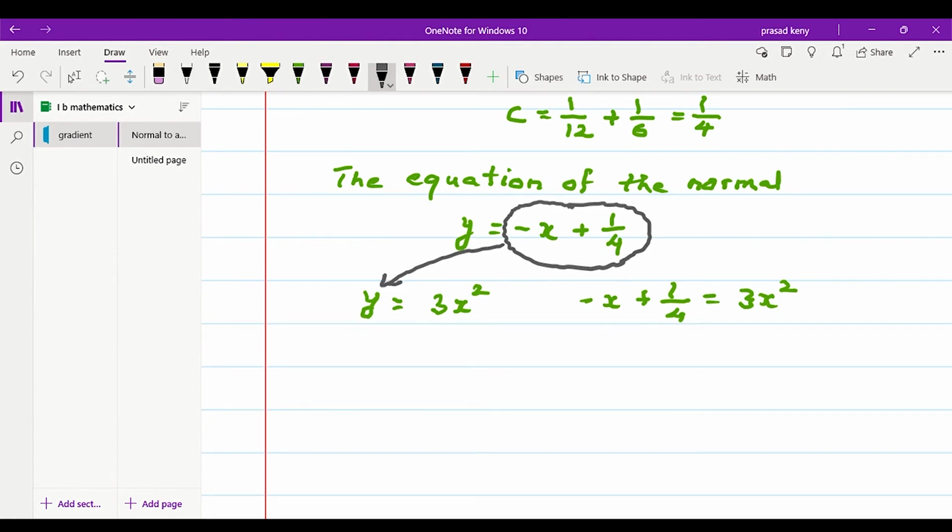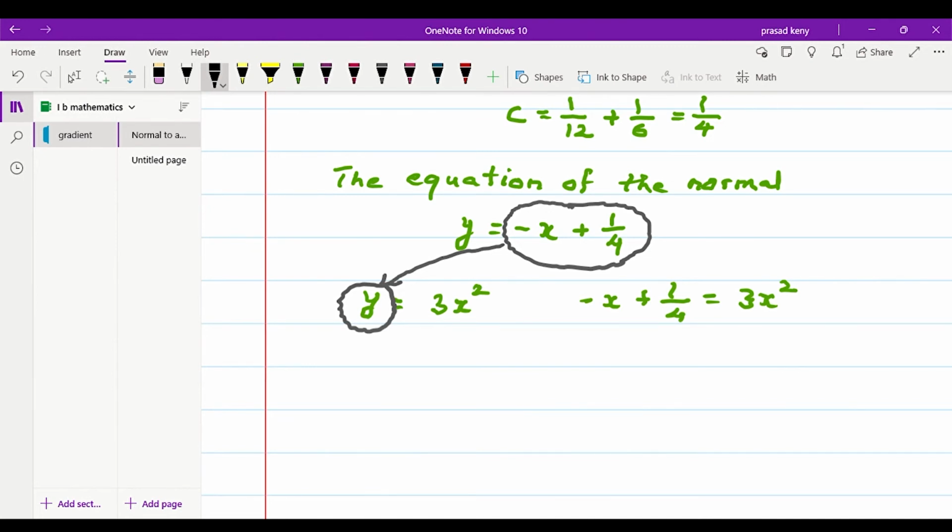So for this y, I put minus x plus 1 upon 4, and hence I am getting minus x plus 1 upon 4 is equal to 3x square. Now since the denominator here is 4, I will multiply throughout by 4.